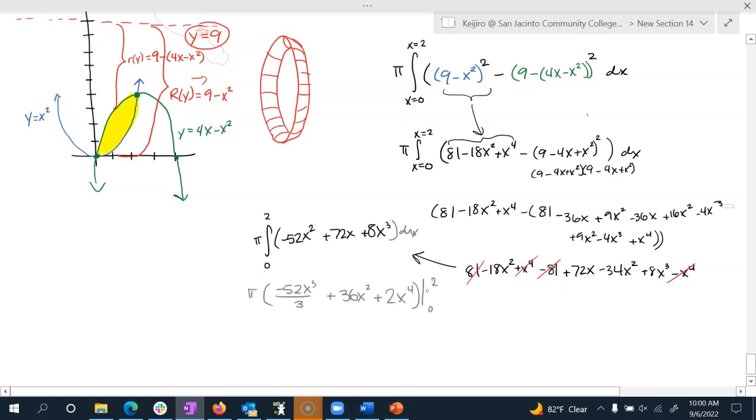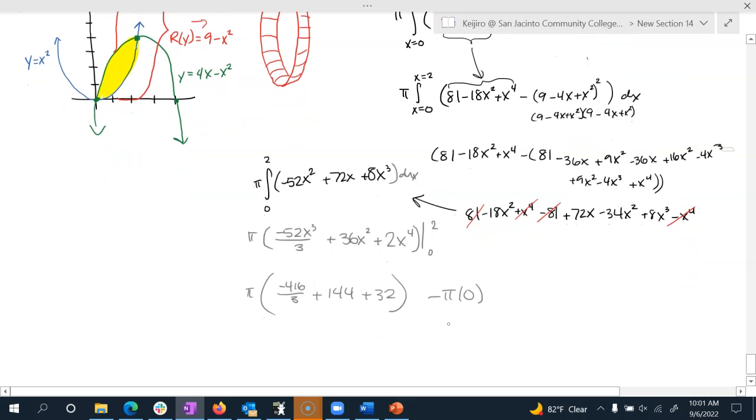Okay. Negative 52 times 8 is negative 416 over 3. Plug in 2. 4 times 36 is 144. 2 to the 4th is 16 times 2 is 32. And when you plug in 0, in this case there is nothing.